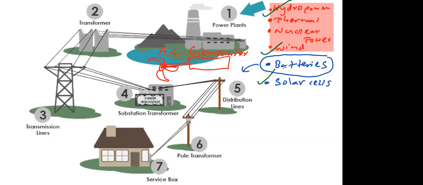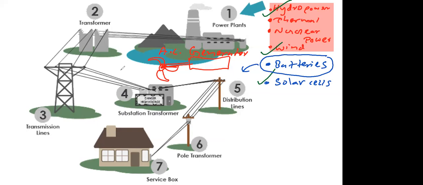So therefore, in the exam, if they give these things and ask you to compare, write down 2 advantages of solar power over thermal power, then you should know what to write. Right.